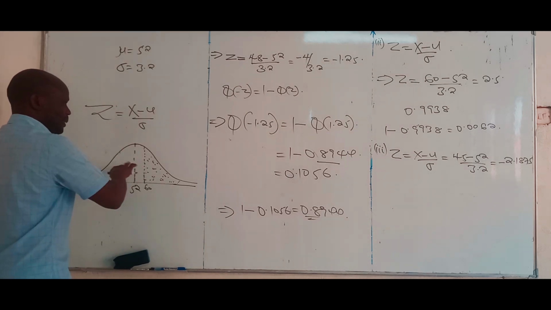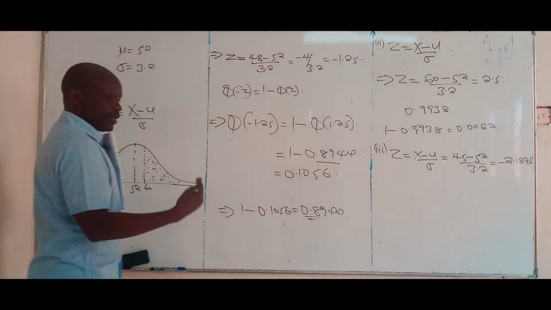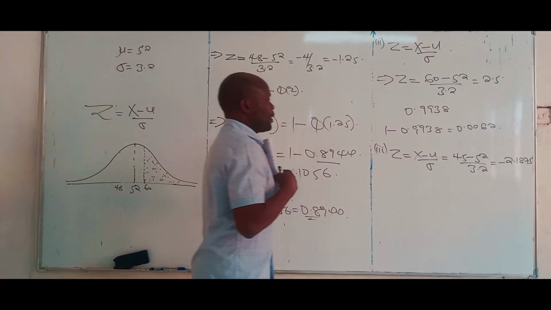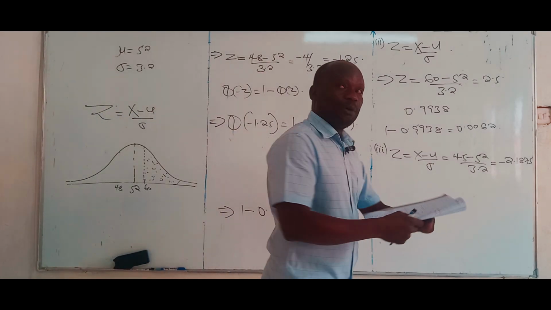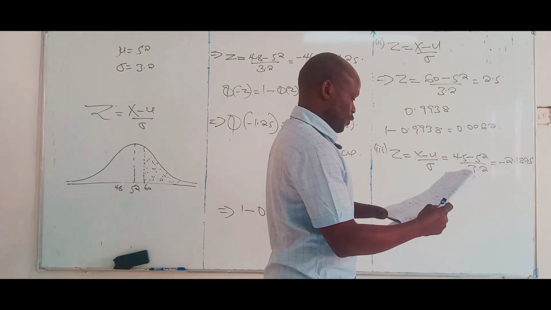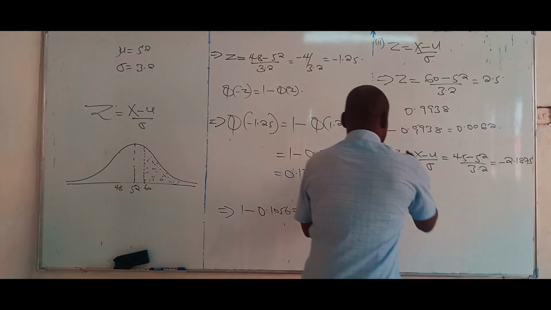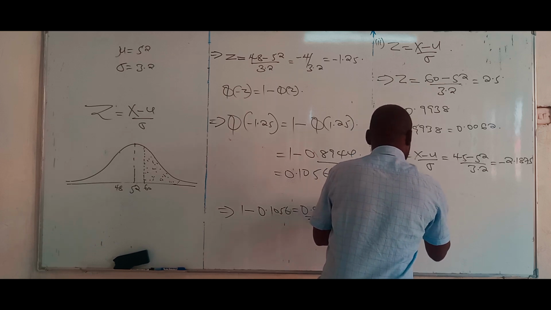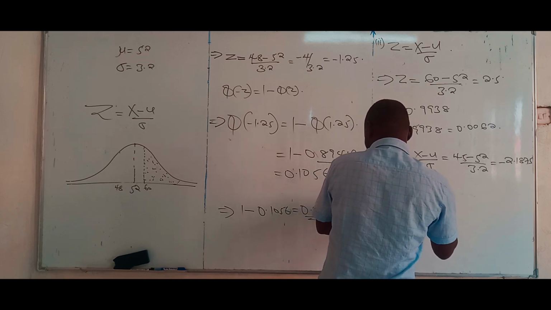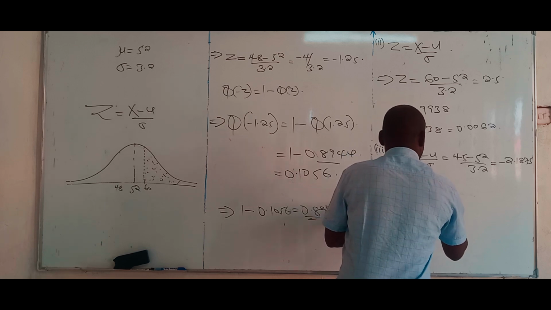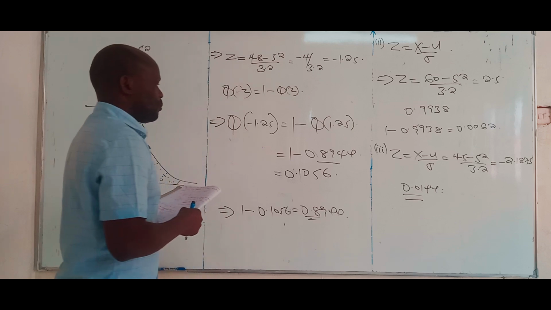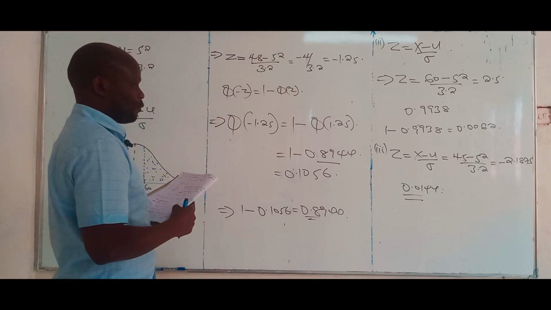If it were greater than, we would have subtracted, going by the table. So with this, we read that that particular probability is 0.0144. So this is just the probability that we want, and that's the answer for Roman 3.